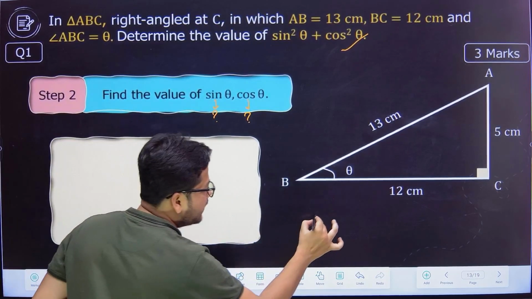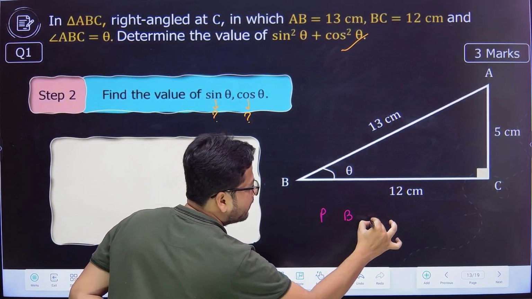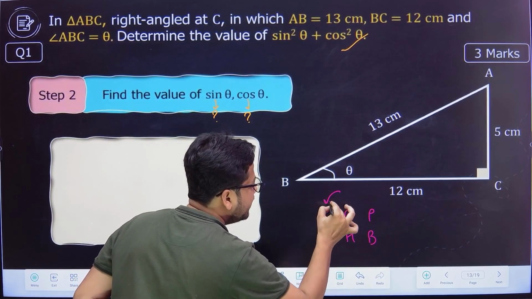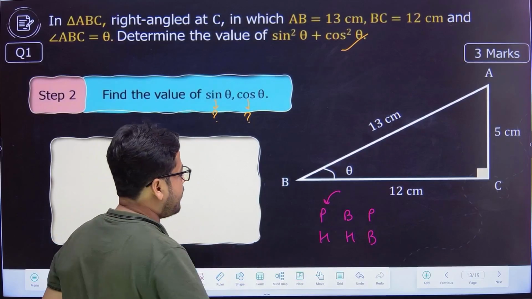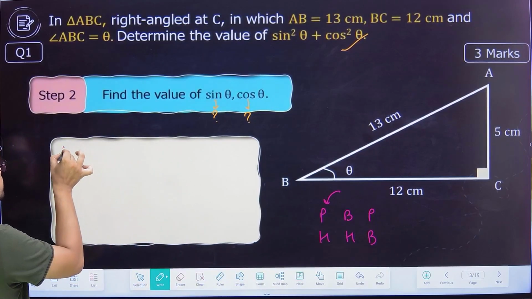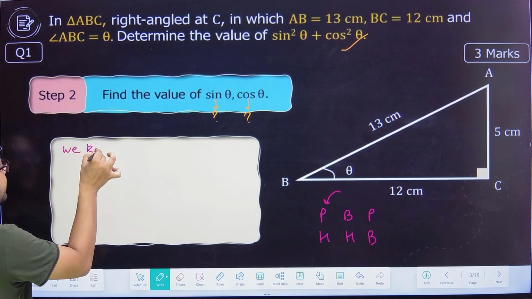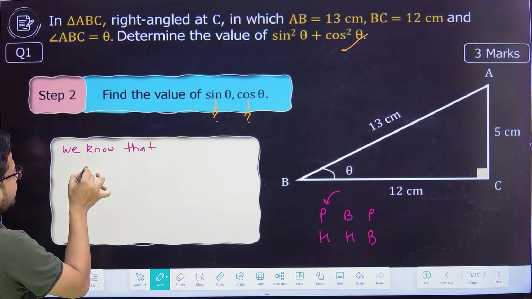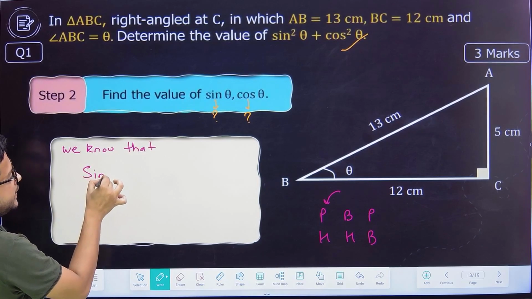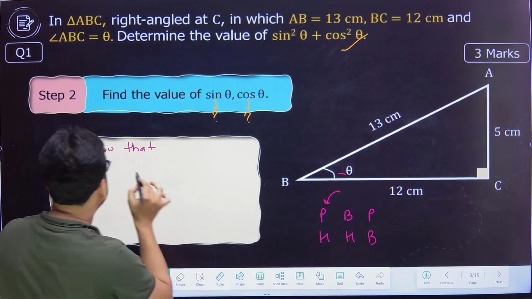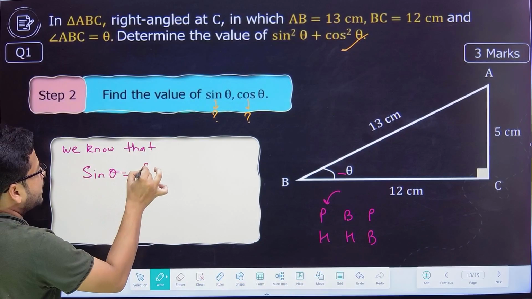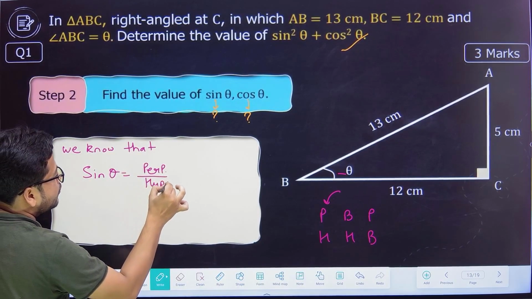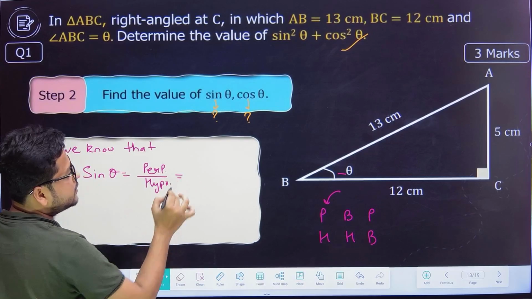So how to find sin theta? Students, we know very well, Peter borrow pen. The first one is sine. The formula of sine is P upon H, right? So we know that sin theta, this is theta, students. Sin theta equal to perpendicular upon hypotenuse. What is perpendicular?